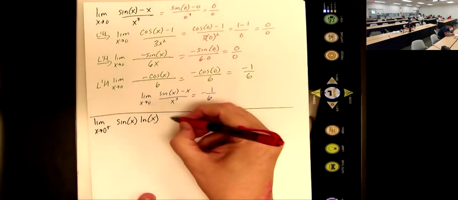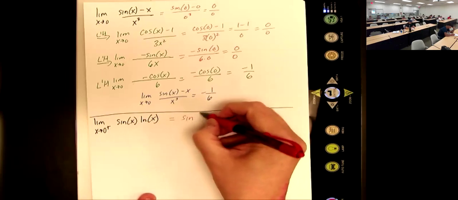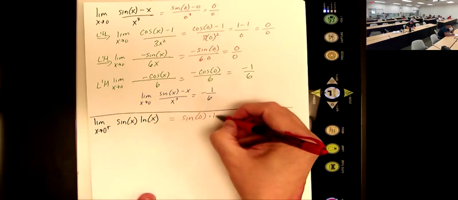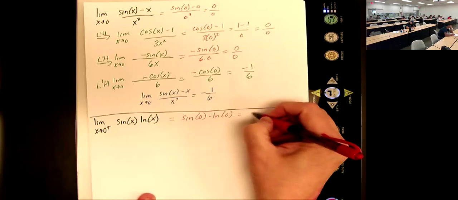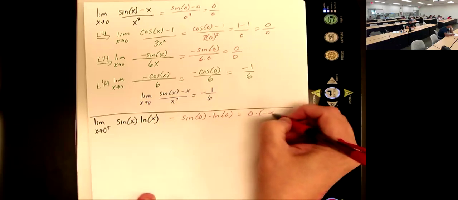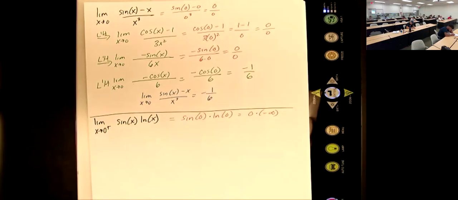If I try to evaluate, I've got sine of 0 times natural log of 0, and this is 0 times negative infinity. One of them is going to 0 and one to infinity, they're competing forces.